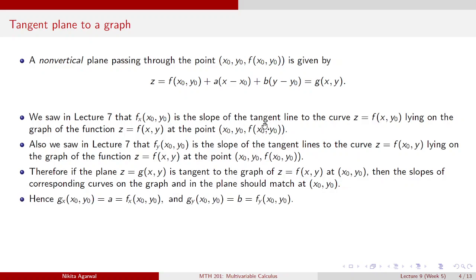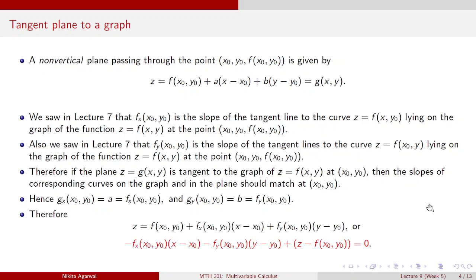And therefore, if you take the partial derivative of this plane with respect to x at the given point, which is nothing but a in this case, it should also be equal to the slope of that line, which is f_x at (x0,y0). Similarly, when you take the partial derivative with respect to y of g, which is b in this case, that should be equal to the partial derivative of f with respect to y at this point.